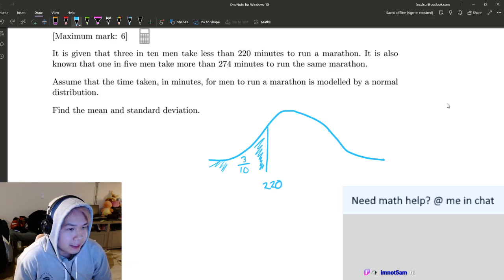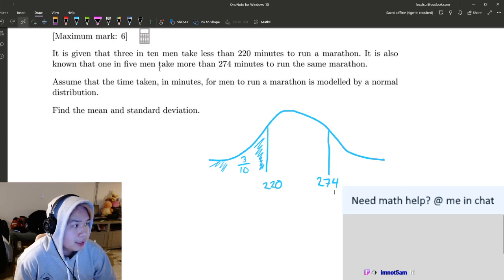And then at the same time, we know about 1 in 5 men take more than 274 minutes. So the probability of finishing more than that is 1 in 5.